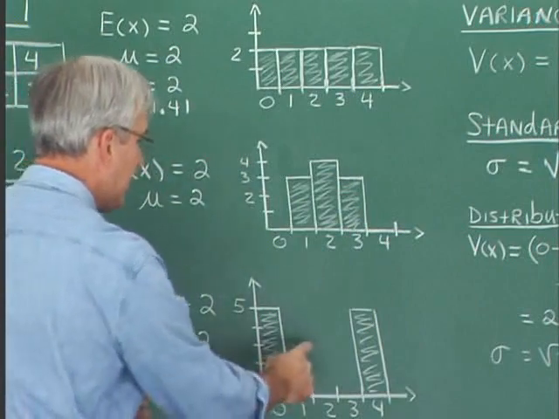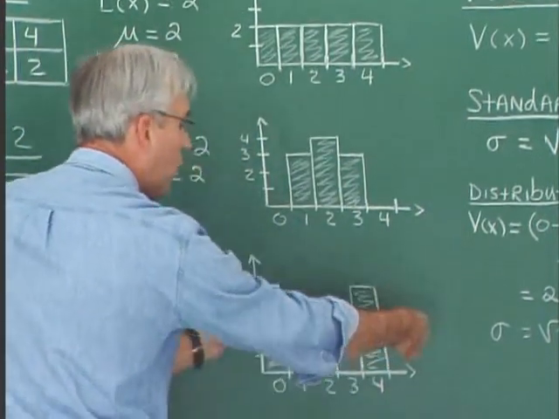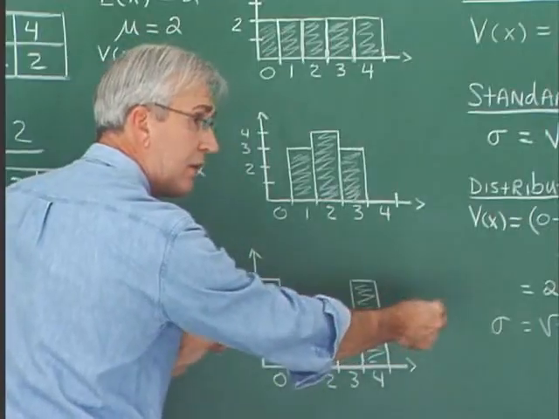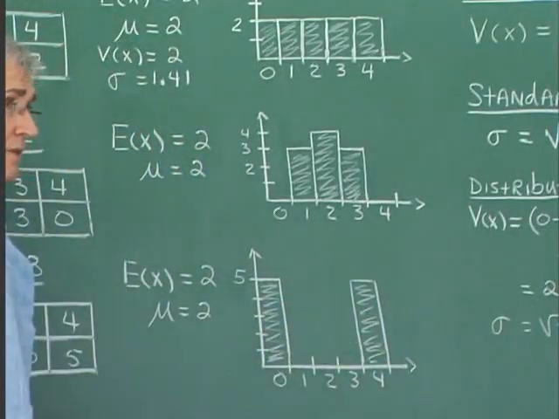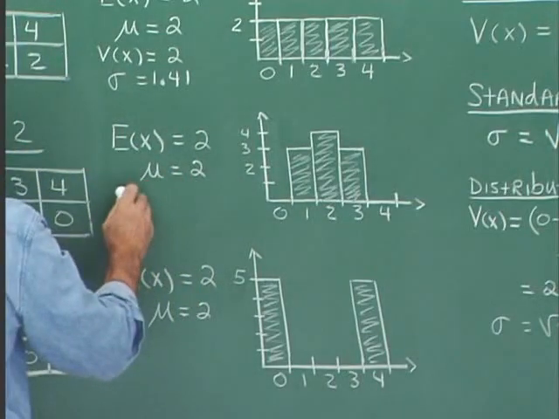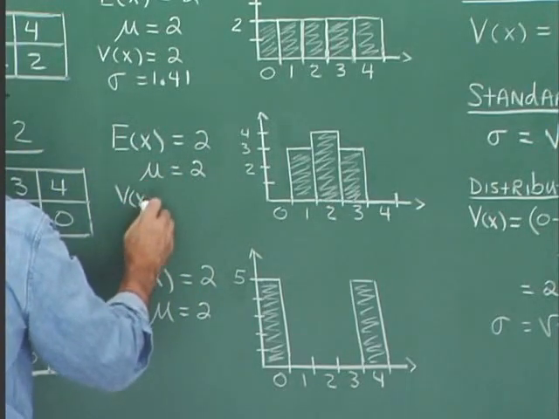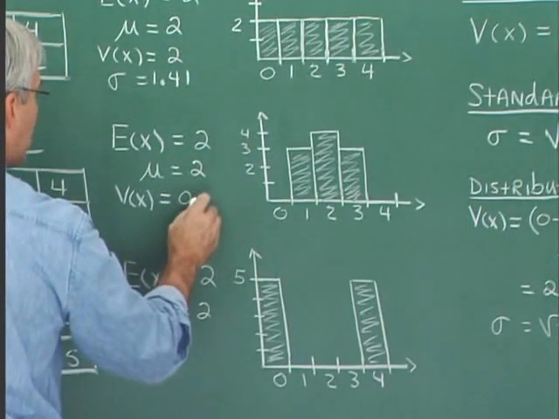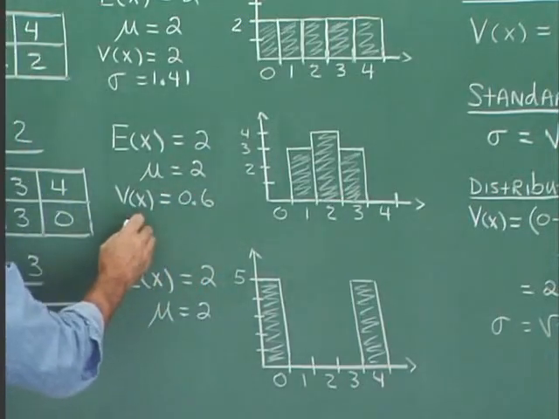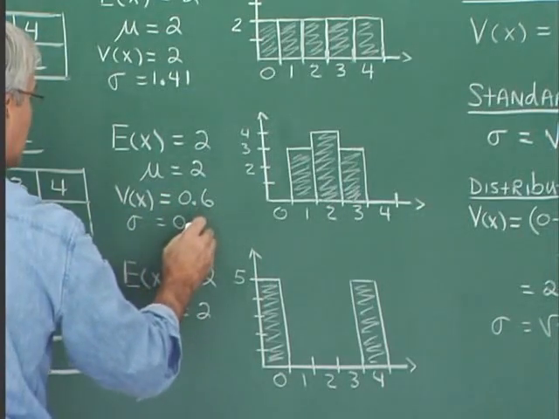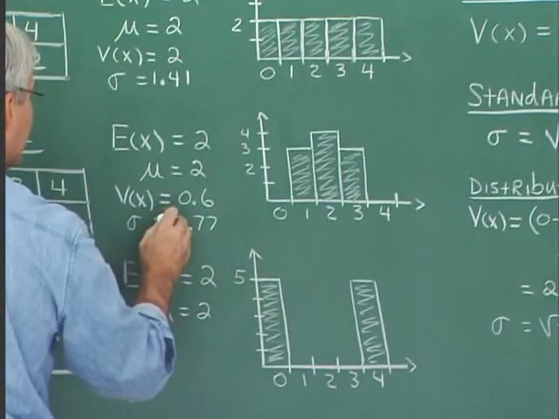On the other hand, this information is more widely spread, therefore we would expect a larger number for the variance and the standard deviation, and that turns out to be true. When we go through the calculation on this one, the variance does indeed turn out to be smaller. It's 0.6. And the standard deviation is the square root of 0.6, approximately 0.77.